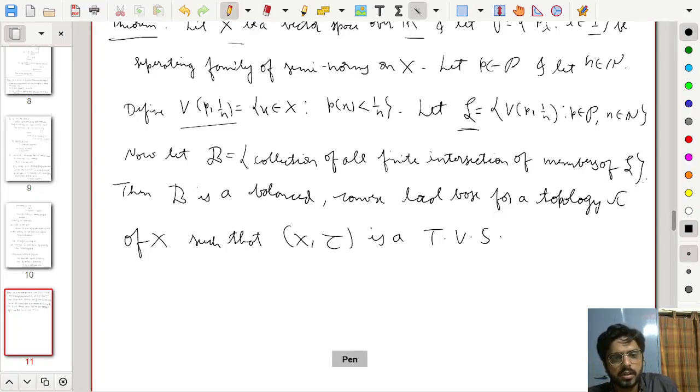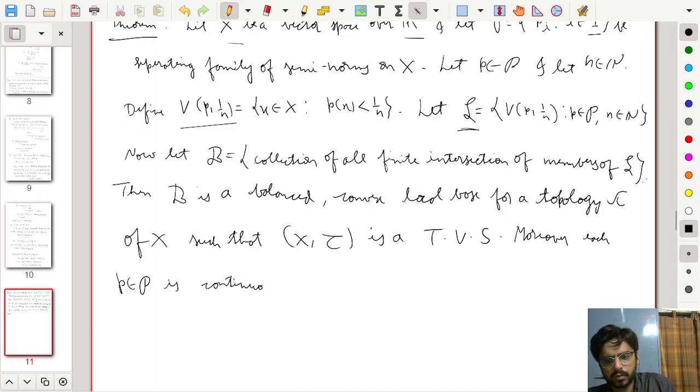This topology will be a vector topology, and X with respect to this tau is a topological vector space. Moreover, each p belonging to P is continuous with respect to tau, right?